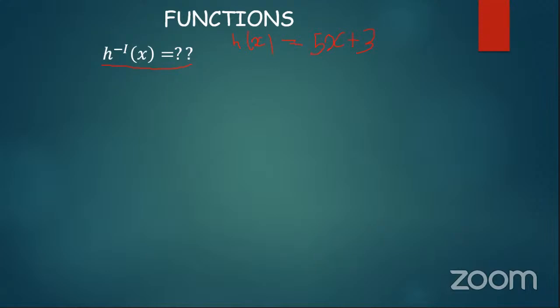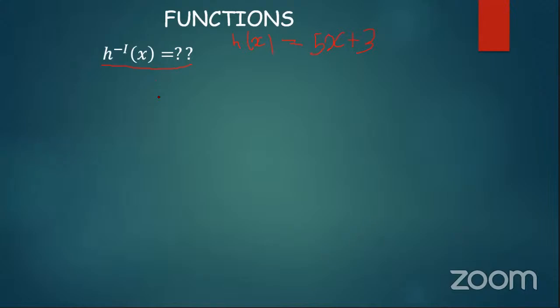Then we will have 5x equals y minus 3. After that we divide both sides by 5. Then we interchange y and x. The inverse of h of x will be x minus 3 over 5.